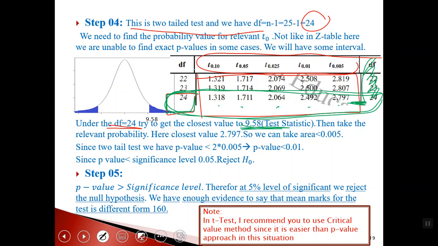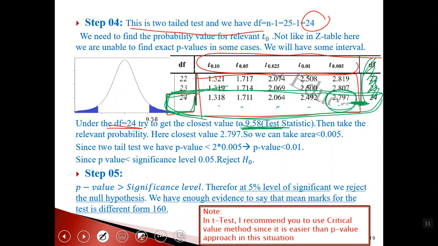So after this point there is no value. What is the maximum value you can get from this row? 2.797. You can see that it is not very close to 9.58, but there is nothing to do with that. You have to pick that value because you cannot change the rows. You cannot go down because this degree of freedom is fixed.